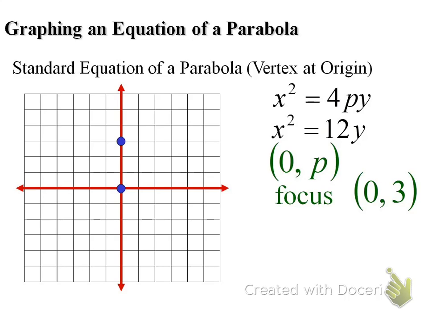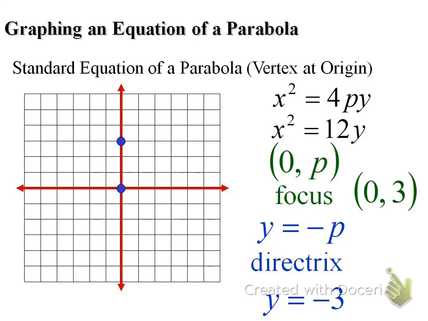Since 3 is the p, it also means that the directrix is going to be at y equals negative p, which in this case is y equals negative 3. Once you have those three things, the vertex, the focus, and the directrix, you can draw your parabola. Just make sure as you're drawing it that you're eyeballing how it would need to be shaped in order to be equidistant from the directrix and the focus the whole time.